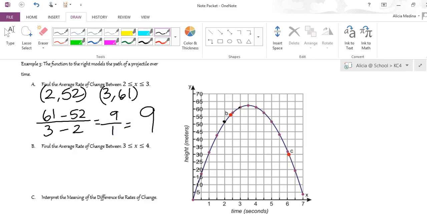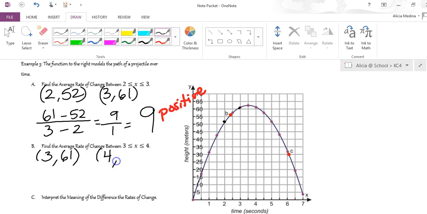So that is positive, right? And positive tells us we're going up or going forward. Looking at the next two points, when x is 3, my y value is still up there, so I'm going to use that 61 again.